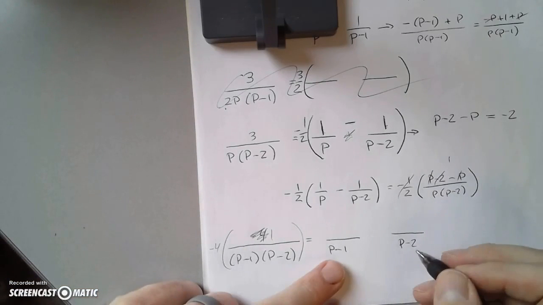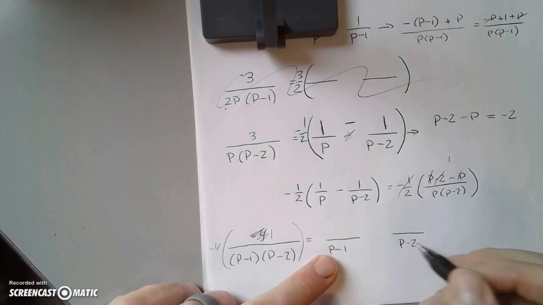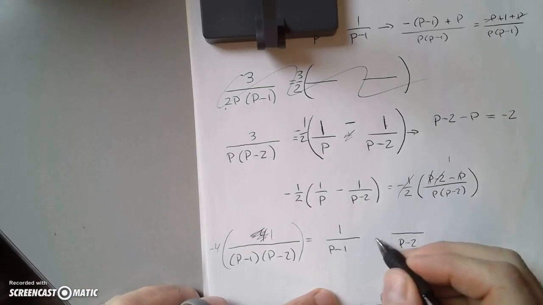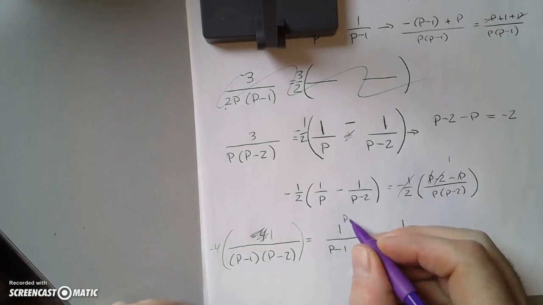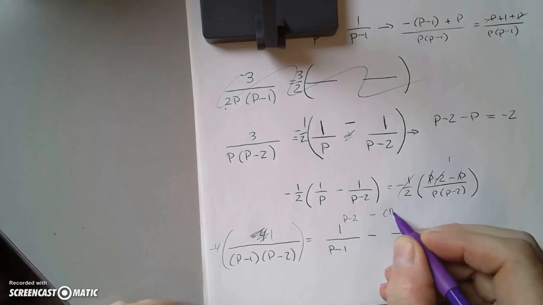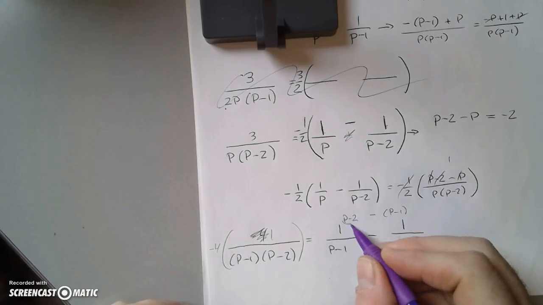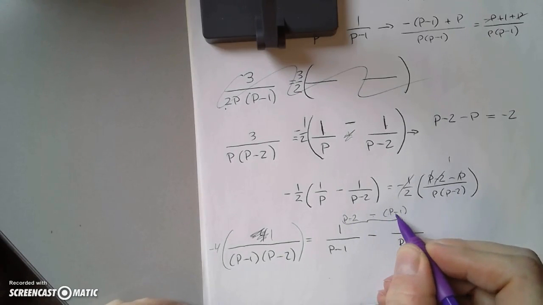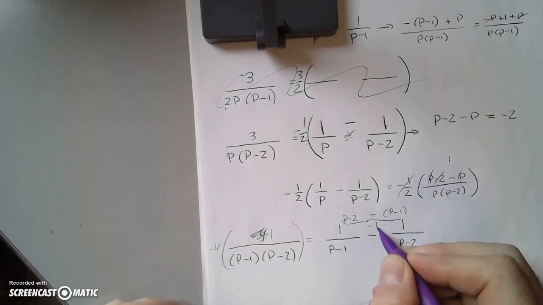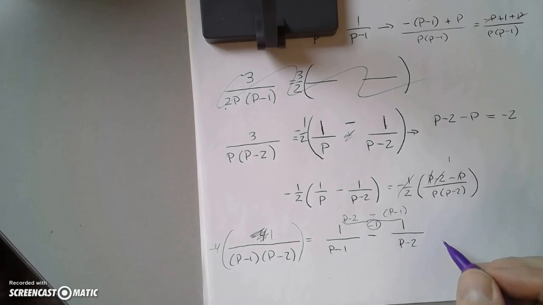All right. So how do I do this? Well, I'm going to need a minus sign somewhere to subtract one of these P's out. So I could do 1 minus 1. What does that give me? Well, it's going to be P minus 2 minus P minus 1. The P's are going to cancel. Of a minus 2 minus a minus 1, minus 2 plus 1 is negative 1. So I'll end up with a numerator that's negative 1.